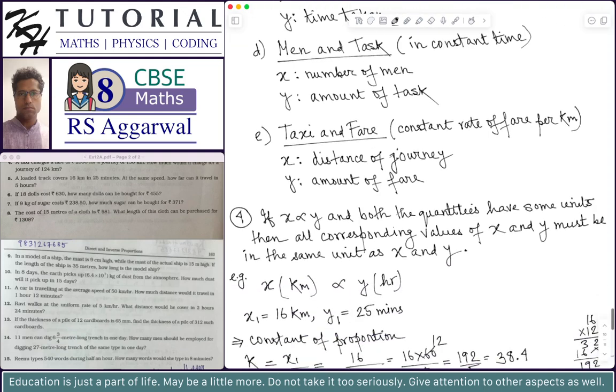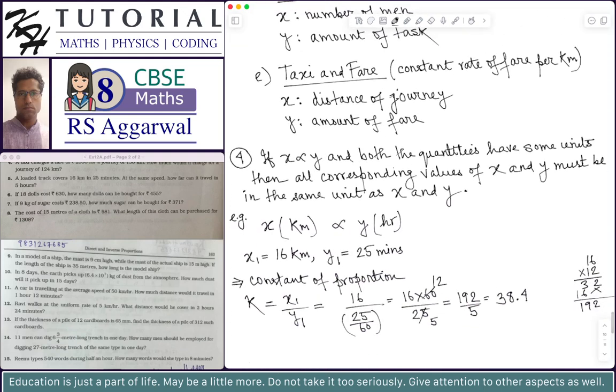Okay, the final concept is about whenever you are solving problems of proportion, it could be direct proportion or inverse proportion, the two quantities involved in the proportion, their corresponding values must be in the same unit.